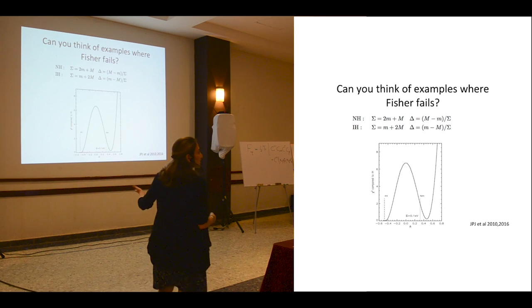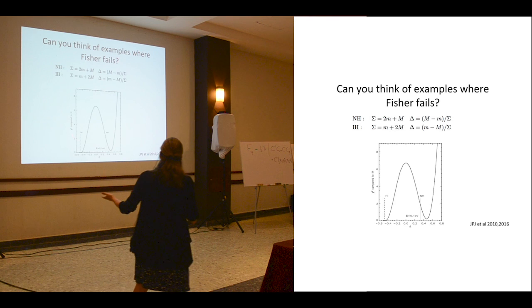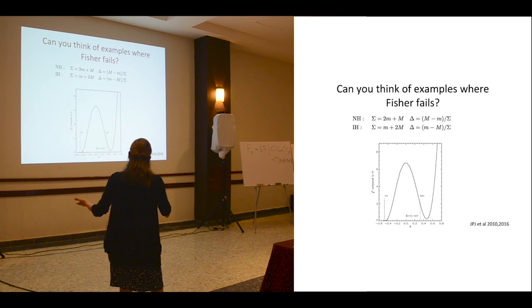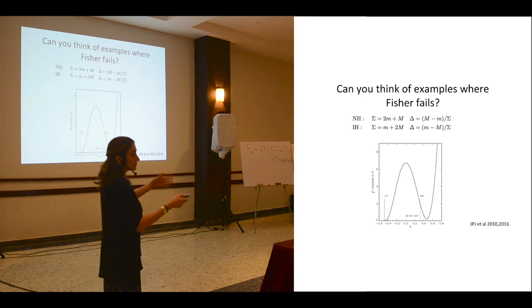So this is a typical example where Fisher fails. This is a one-dimensional plot of some parameter versus delta log likelihood. This is chi-square.